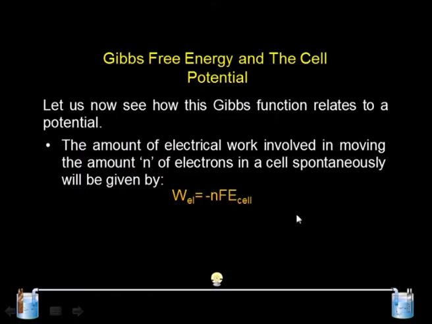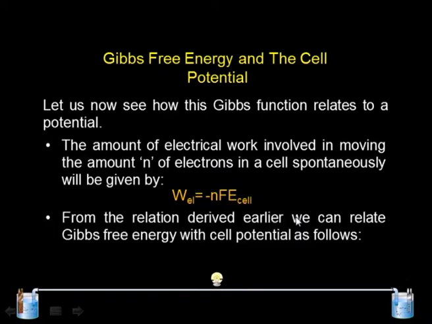The amount of electrical work involved in moving the amount n of electrons in a cell spontaneously is given by the relation W_EL is equal to minus nF E_cell. From this relation, we can see Gibbs free energy with cell potential can be described as delta G is equal to W_EL.